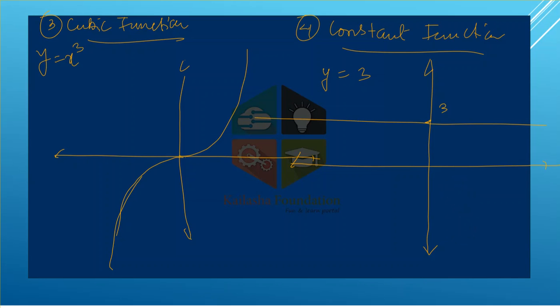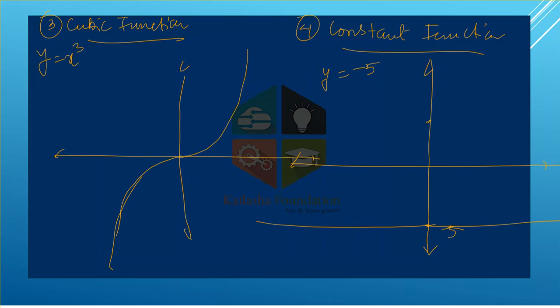It will be parallel to the x-axis. The graph of a constant function. If there was minus 5, say here is minus 5, it will be parallel to the x-axis again. So the graph of a constant function is like this.